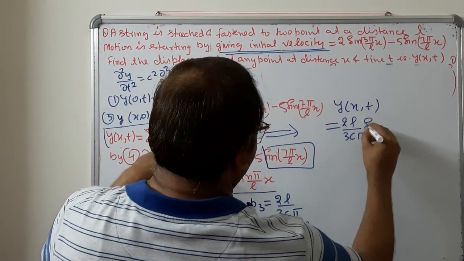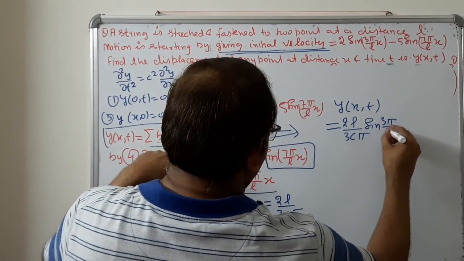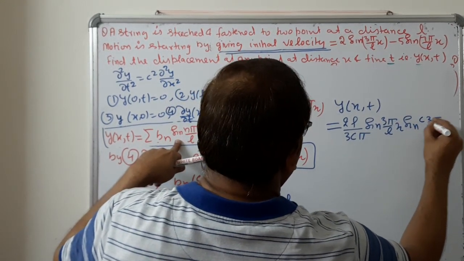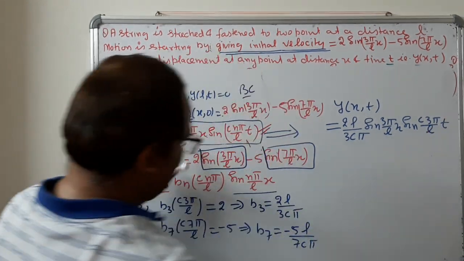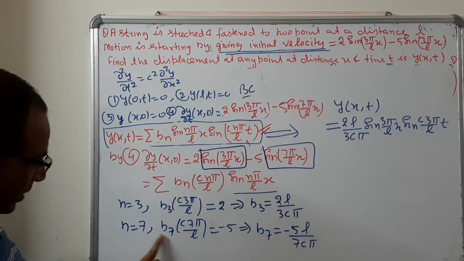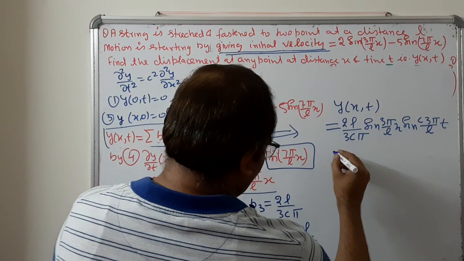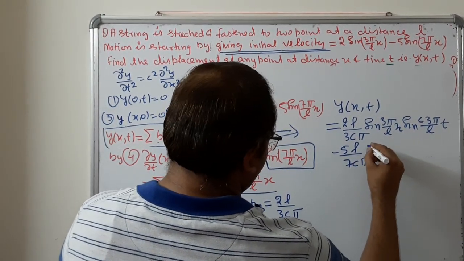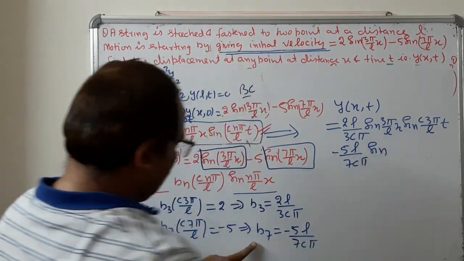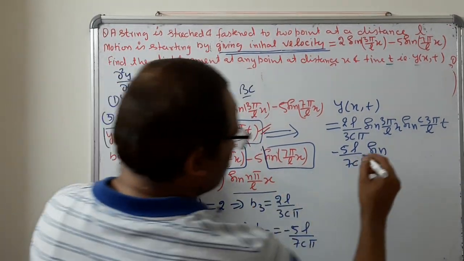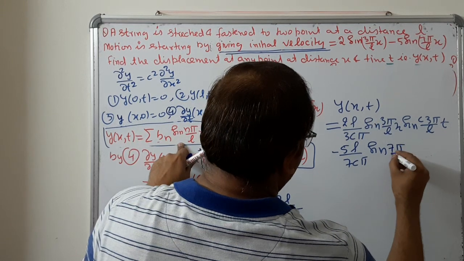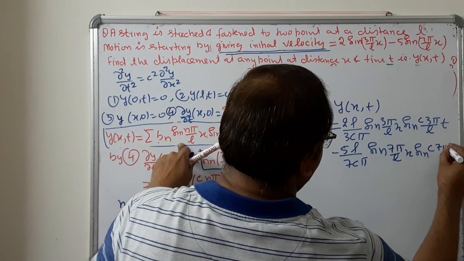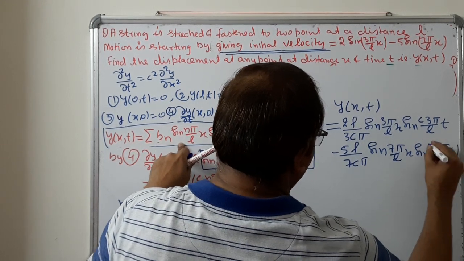We get sin(3πx/L) and sin(C3πt/L), right? Now comes n equal to 7, and B7 is equal to this one, -5L/(7Cπ), and this sin, put n equal to 7. So sin(7πx/L) and sin(C7πt/L).